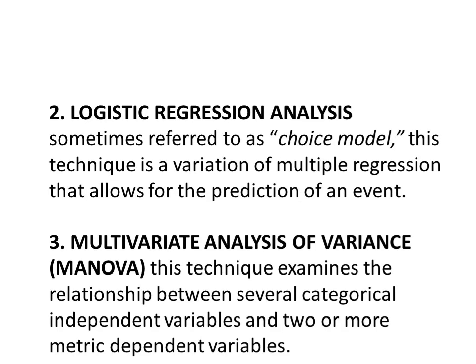Number two is the logistic regression analysis, sometimes referred to as the choice model. This technique is a variation of multiple regression that allows for the prediction of an event. So, in the definition, we have the choice model. There are only two choices, because it is what is right or what is wrong; it depends on the subject what they will choose.